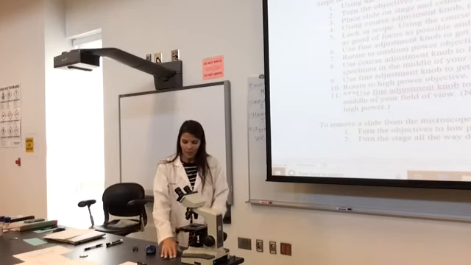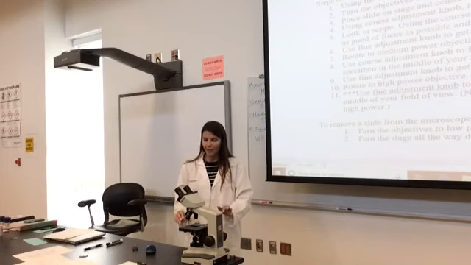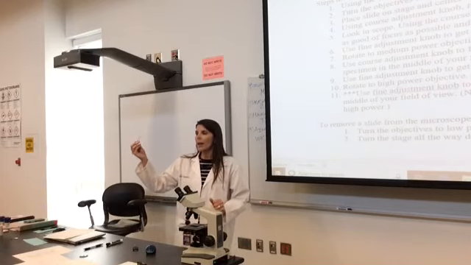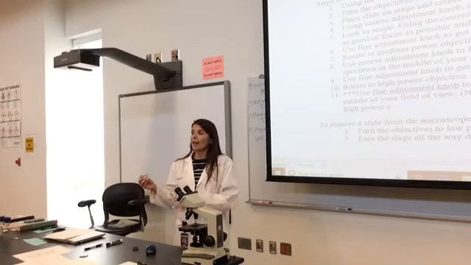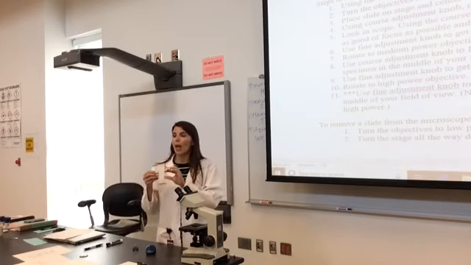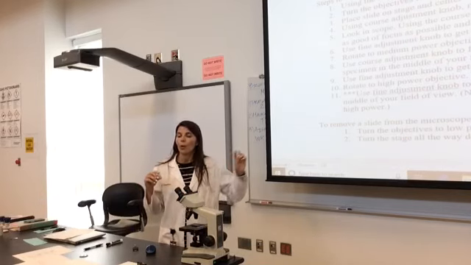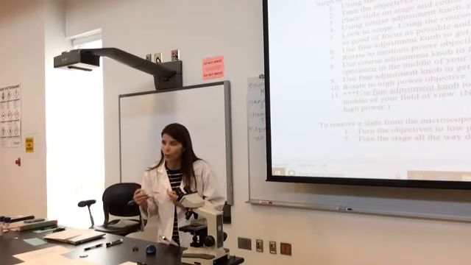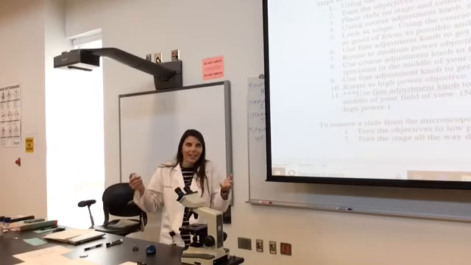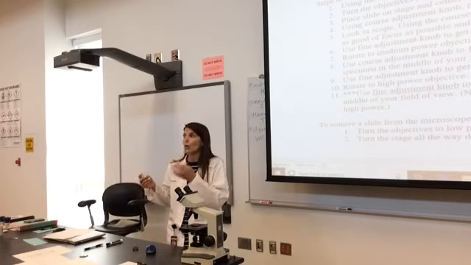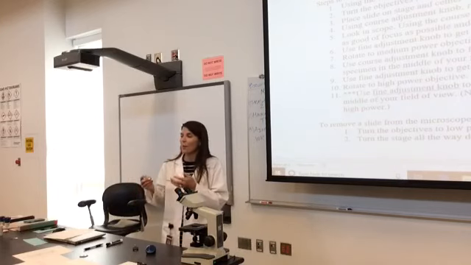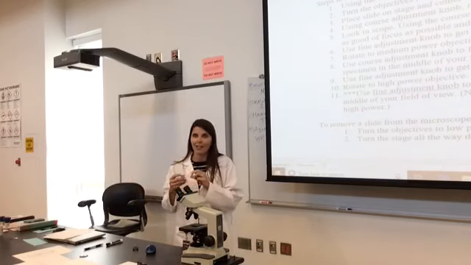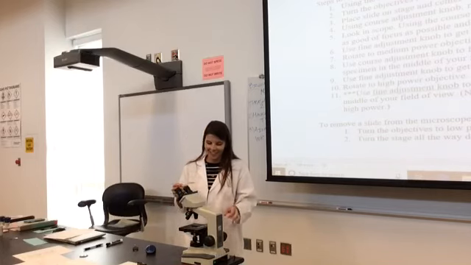Okay? At this point, you will bring up your slide. I have this slide up here, and I will show you a picture before we start this quiz so that you know what you're looking for. So you're not just finding something black and saying, that's it. No, it's not. Okay? A lot of people find the edge of the glass, and they say, oh, there it is. It's not that.